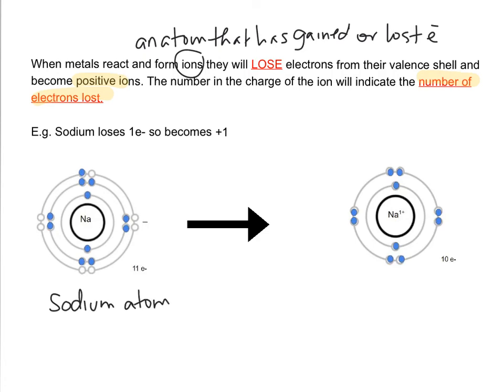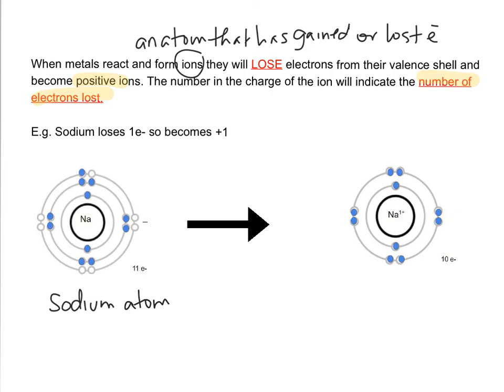It has 11 electrons. But it wants to lose this 1 electron because it's the only electron in its valence shell. And it either wants to be full or empty. When you're a metal, you want to be empty. So it's going to lose that electron.